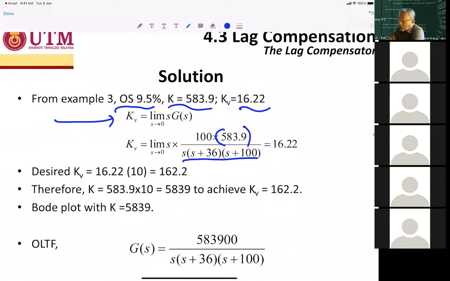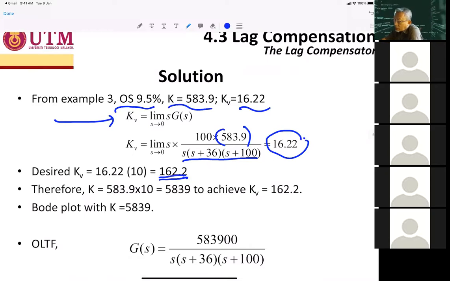So the KV will be 16.22. The desired KV is a 10-fold improvement, which is 16.22 multiplied by 10, so that you get 162.2.